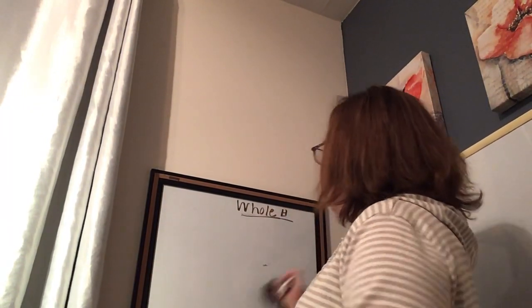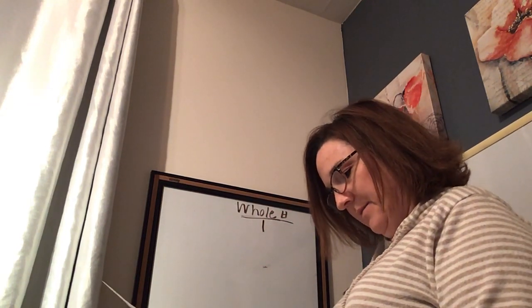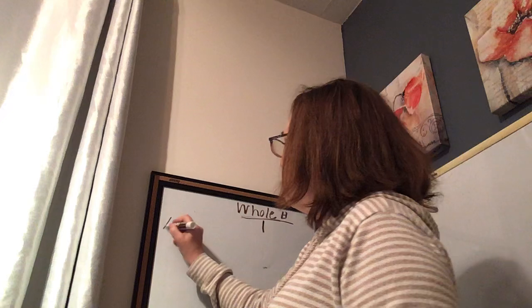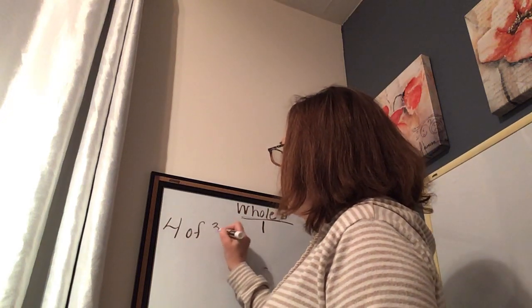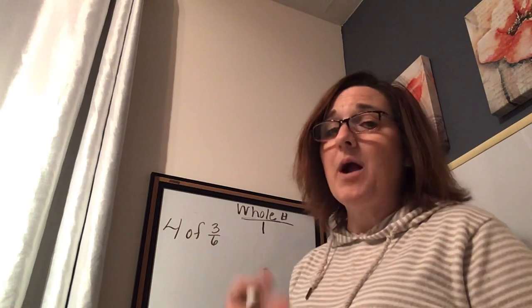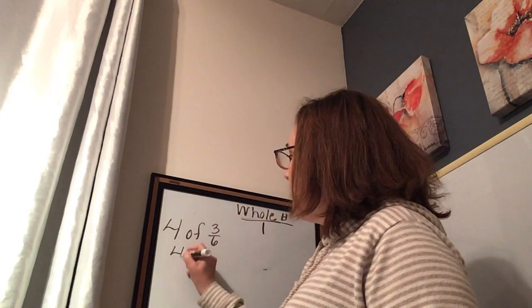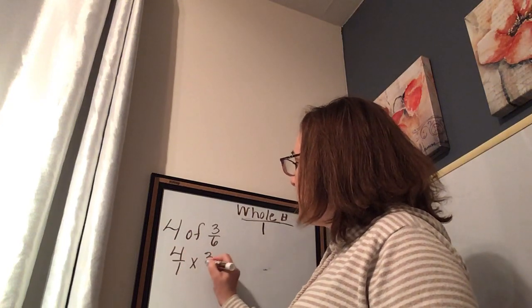One more of these. Let's do one more. All right, one last one. 4 of 3/6. Remember what I said. That of means multiplication. Rewrite that problem so you see that multiplication sign so you know exactly what you're doing. So we have 4 over 1 times 3/6.